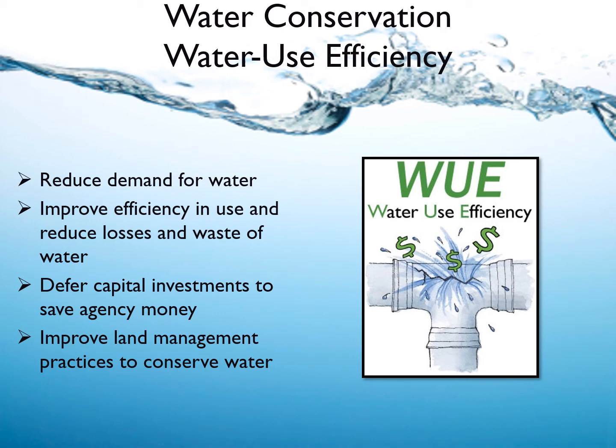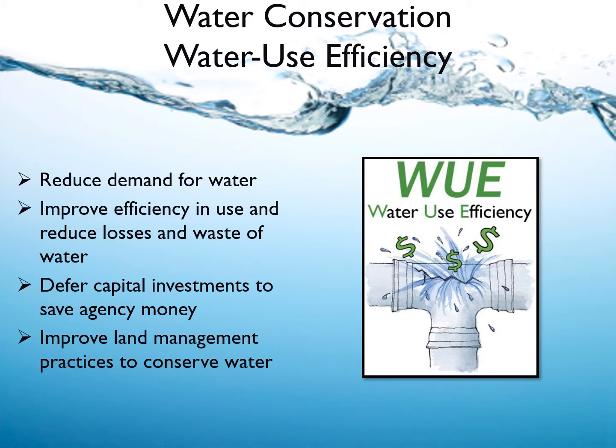So there are some other things that go along with water use efficiency. You can do it by reducing loss and just general water waste. And one of the primary goals isn't just saving water, it's deferring capital investments to save your agency money. Capital investments are a huge part of the agency's budget usually.